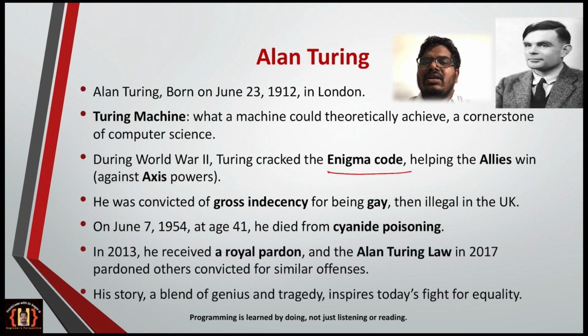Later on, in 2013, he received a royal pardon. Also a law was passed, called the Alan Turing Law, in 2017, which pardoned even others who were convicted for similar offences. His story, a blend of genius and tragedy, inspires even today's fight for equality.